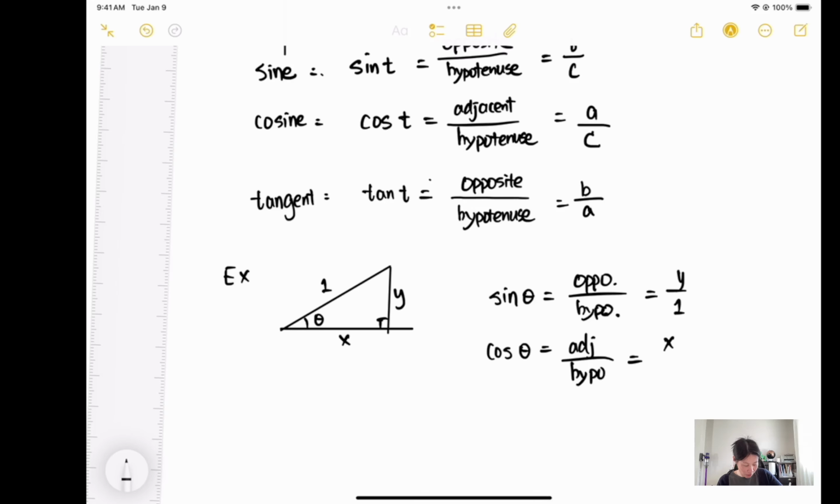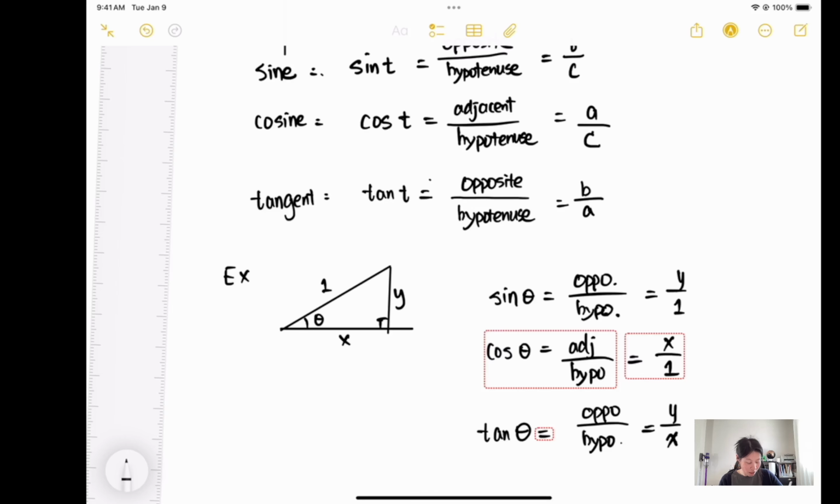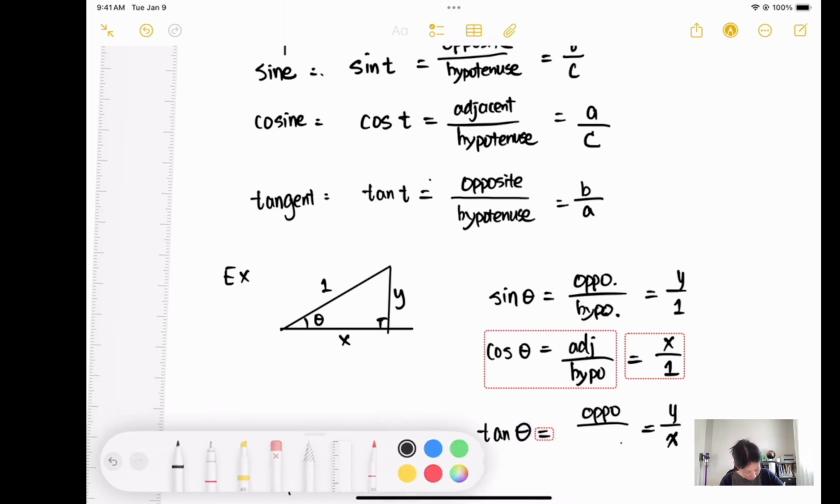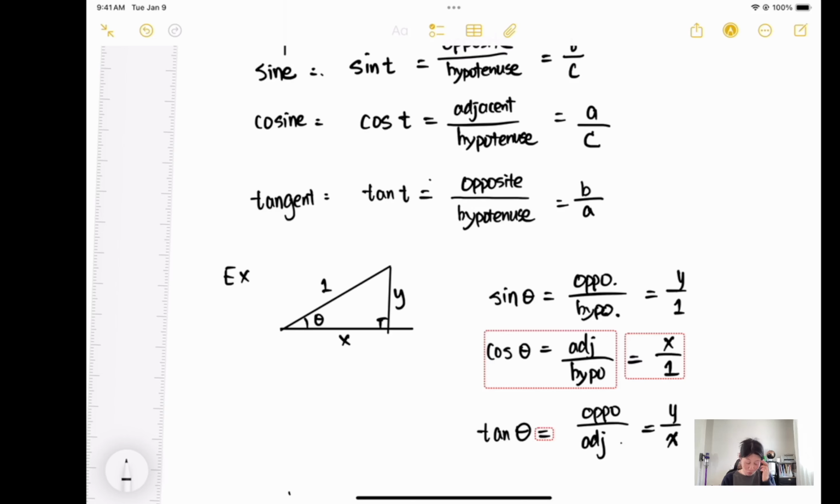The adjacent is y over 1, and then tangent theta is the opposite side over the adjacent side. The opposite side is x and the adjacent is y, so it should be x over y. So that's how we find the trigonometric functions.